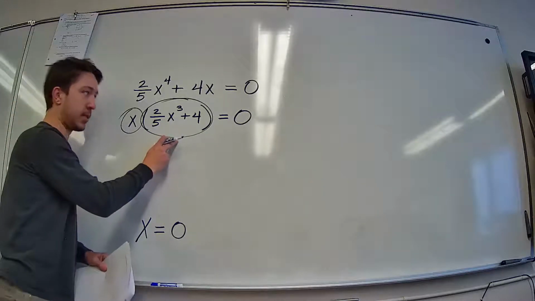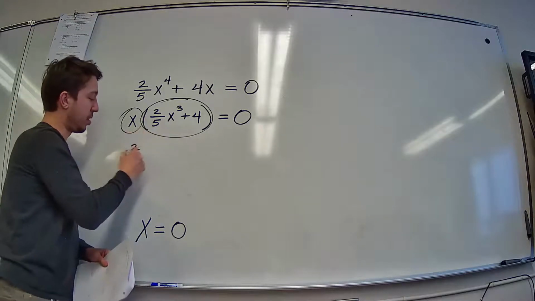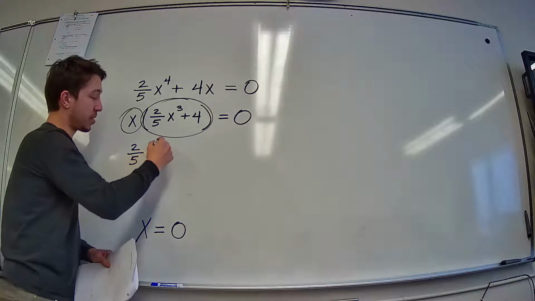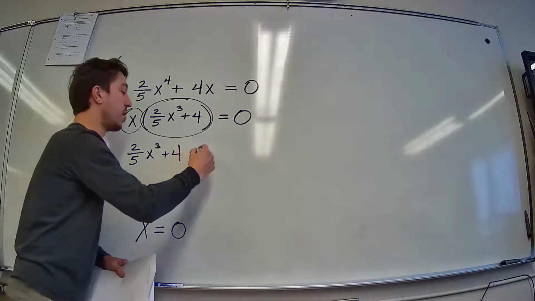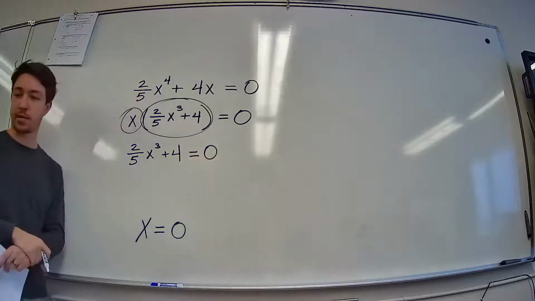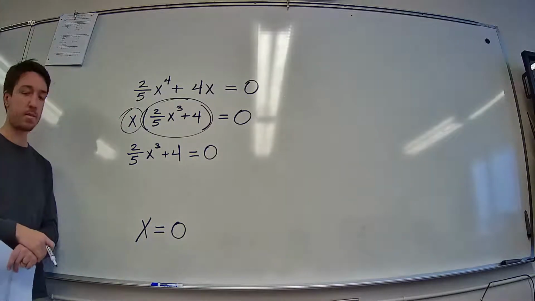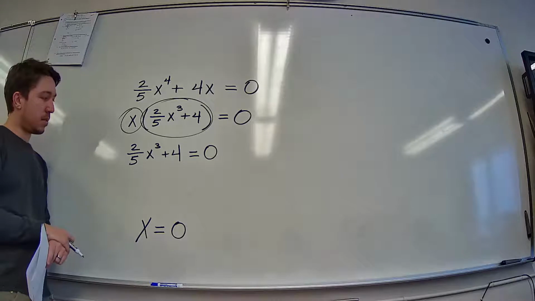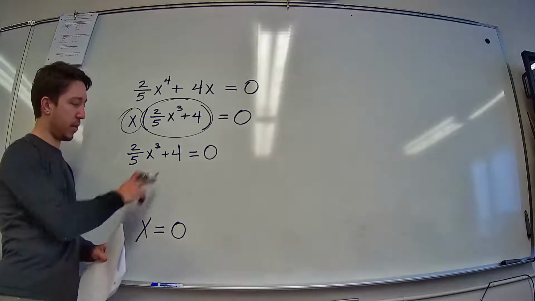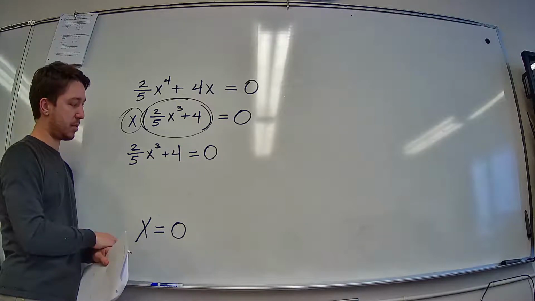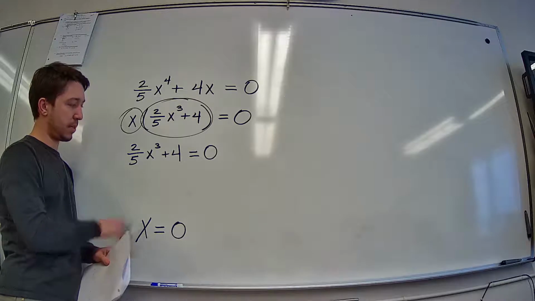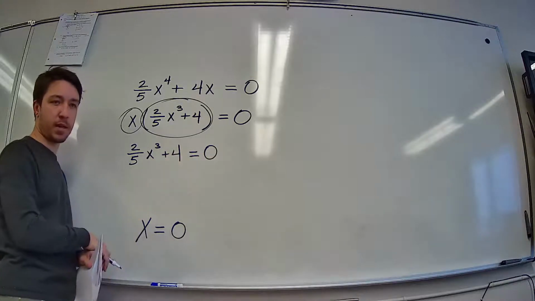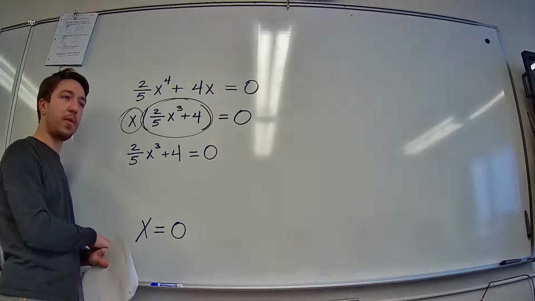That this big thing is 0. So 2/5 x cubed plus 4 could be the thing that's equaling 0. That could be the culprit. Now, can we do this in one step? I'm going to subtract the 4 from both sides, and then multiply the 4 by what?